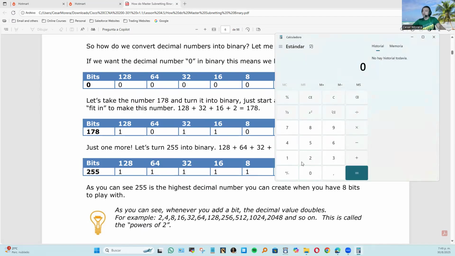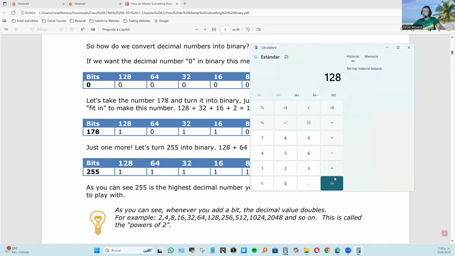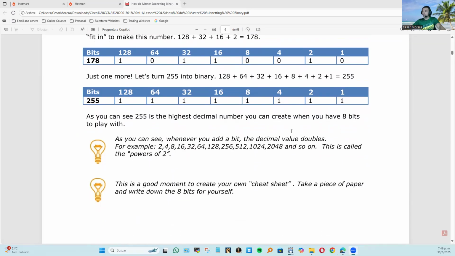If we do 128 plus 64 plus 32 plus 16 plus 8 plus 4 plus 2 plus 1, that is 255. As you can see, that is the highest value.